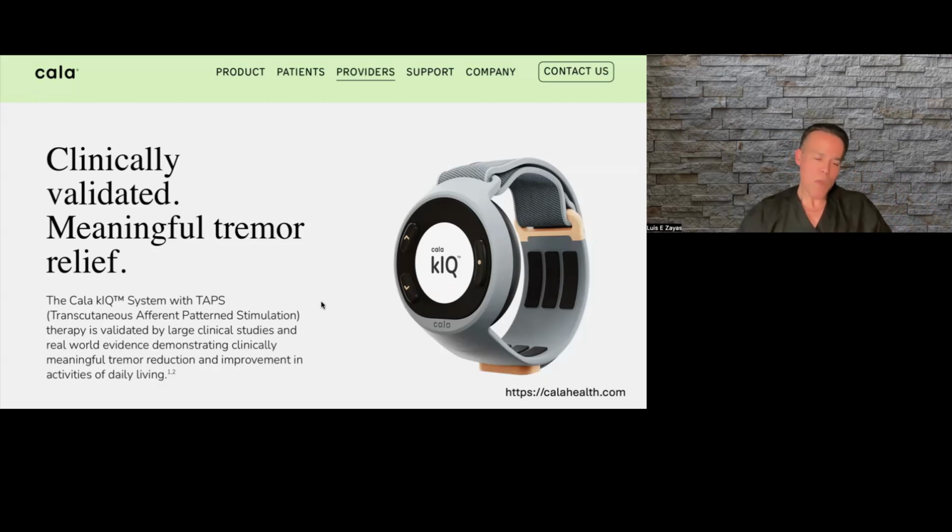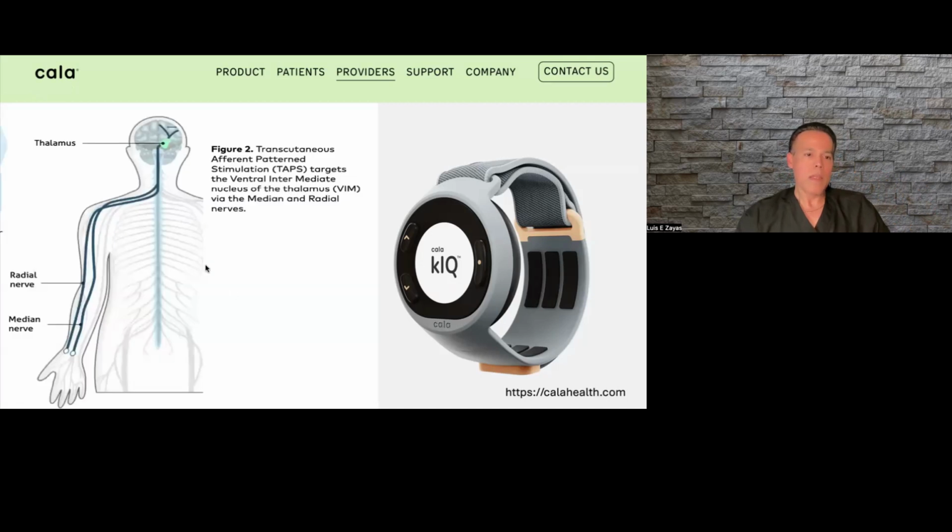But I personally don't have any patient with this at this time. And this is basically a figure from this website, showing how it works, and the median nerve and radial nerve are stimulating the thalamus. Okay.